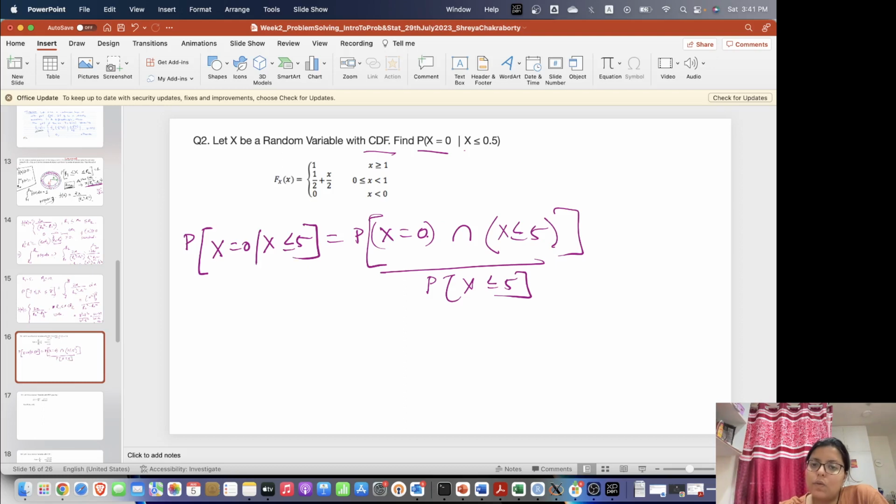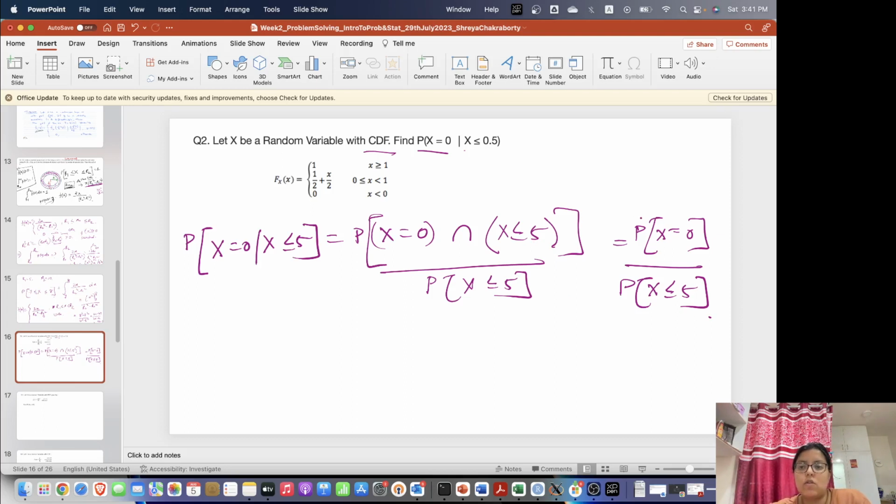Now x equal to 0 and also x less than equal to 0.5 will be probability x equal to 0 by probability x less than equal to 0.5. So now we have to find out these two probabilities separately and then get to the final answer.